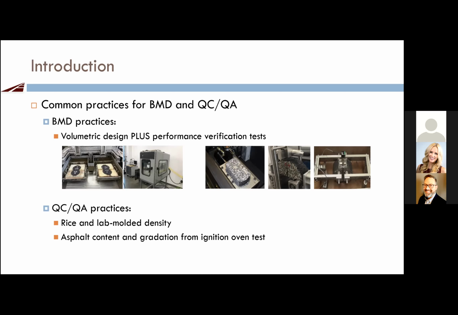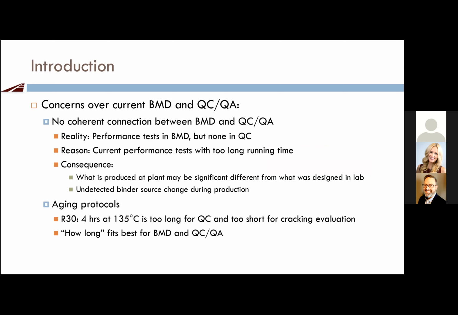In terms of QC/QA practice, I think most DOT contracts control 4 parameters: Rice, or maximum specific gravity, and also lab mold density. The other 2 are asphalt content and aggregate gradation from the ignition oven test. So then we have the concerns.